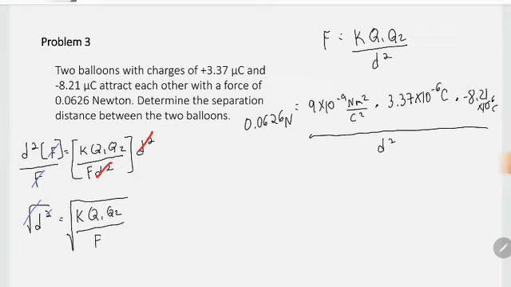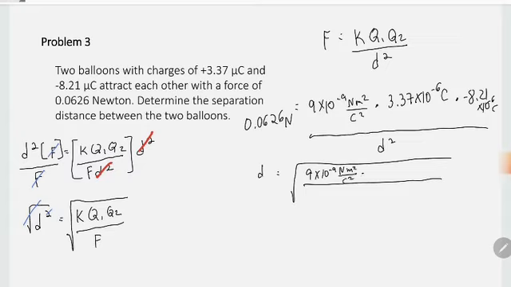Okay. So, actually, I should write d equals square root of 9 times 10 to the 9 newton meter squared per coulomb squared, 3.37 times 10 to the negative 6 coulomb, negative 8.21 times 10 to the negative 6 coulomb, over 0.0626 newton. Oh, now dapat careful ako dito.